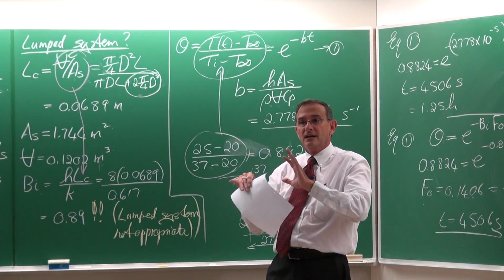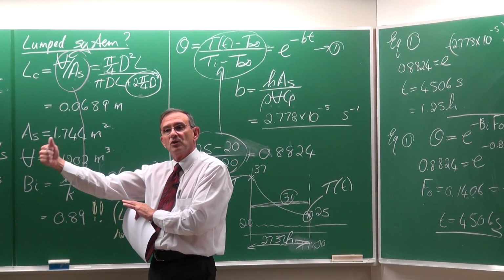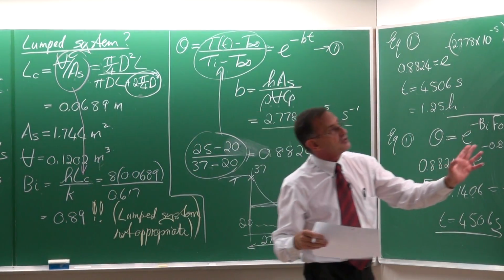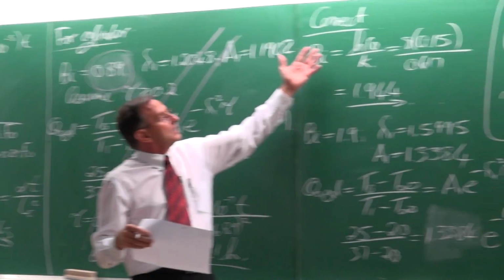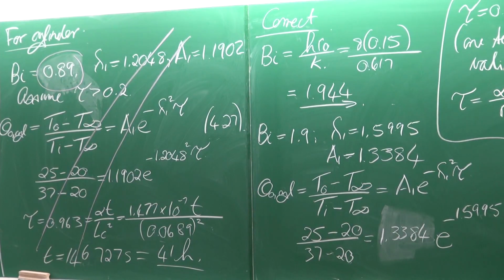Remember, with the lump system, it was assumed that the thermal conductivity stays constant, and also to solve the plane wall problem is already complicated. If you take into consideration that the thermal properties vary, then you'll not be able to solve it analytically. You'll have to solve it numerically.